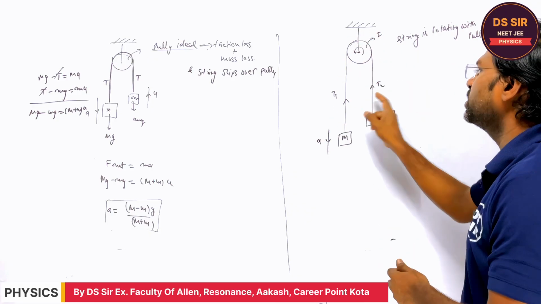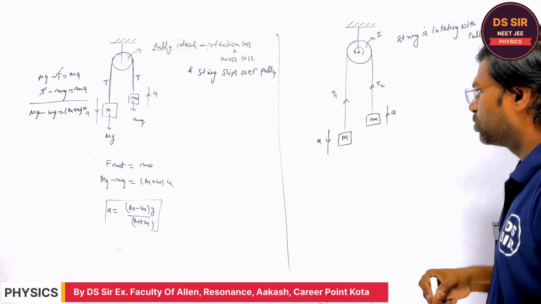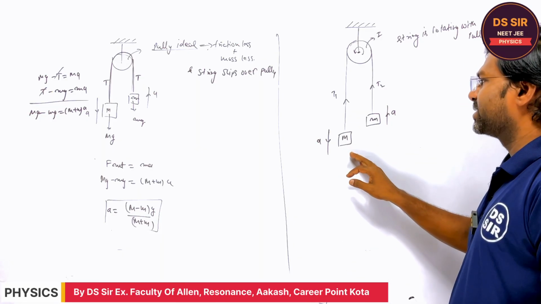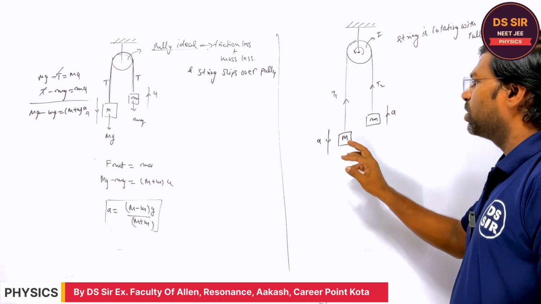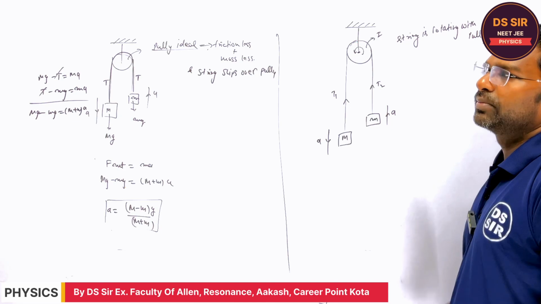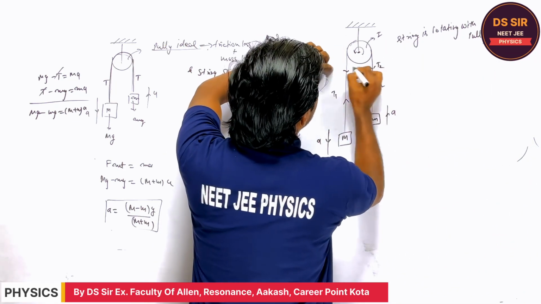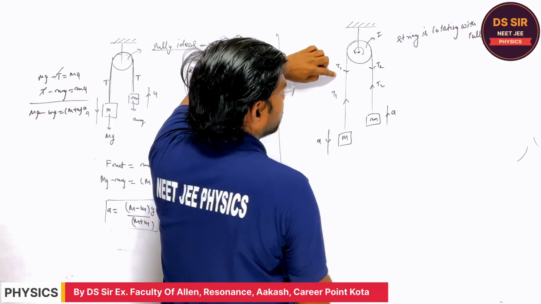So the tensions T1 and T2 will be different. There will be two types of motion in the system: the translational motion of capital M and small m, and the rotational motion of the pulley. Here the tensions T1 and T2 will act on the pulley.